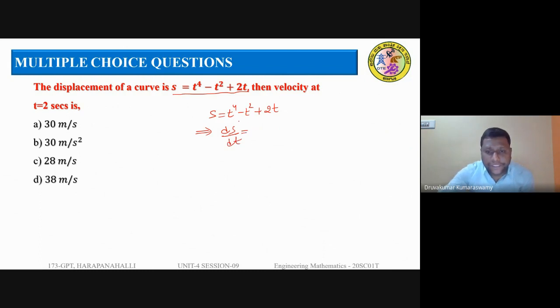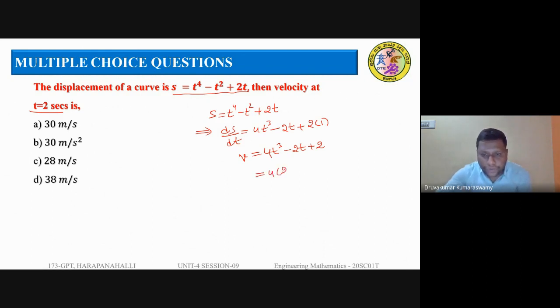So differentiation of t power 4 is 4t cube, minus differentiation of t square is 2t, plus 2 into differentiation of t is 1. So what we get here, velocity is equal to 4t cube minus 2t plus 2. Then what we have to find is velocity when t is equal to 2 seconds. Substitute 2 in the place of t.